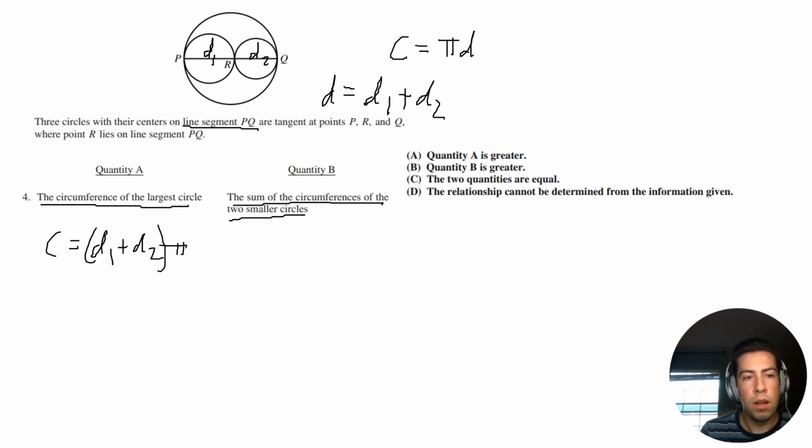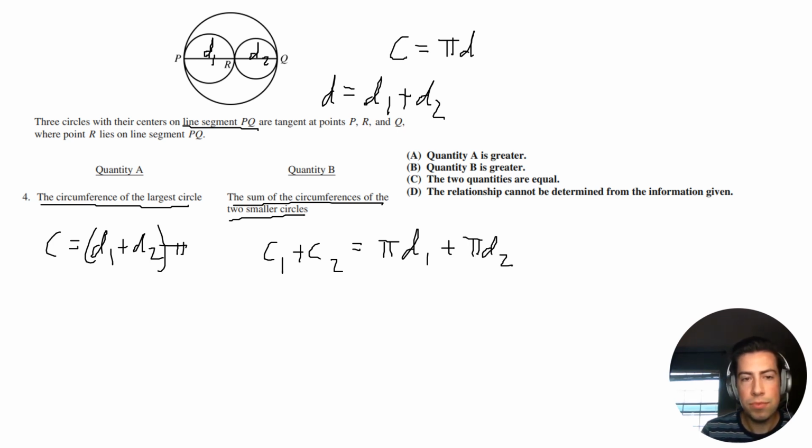There's that one. Now I'm going to have the circumference of the 2 little ones, and we're going to add up their equations. So we have the circumference of the first one plus the circumference of the second one. That's just going to be equal to pi times the first diameter plus pi times the second diameter.